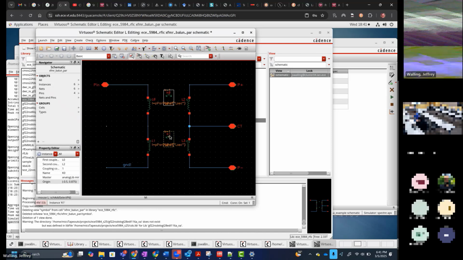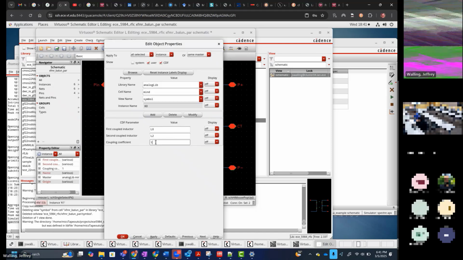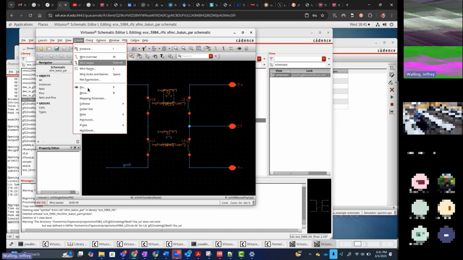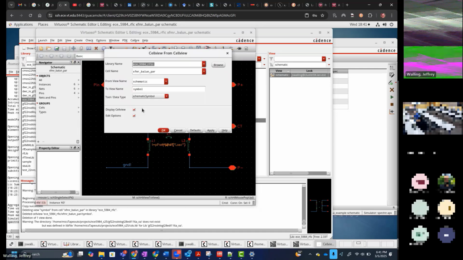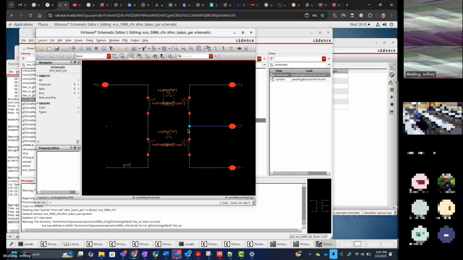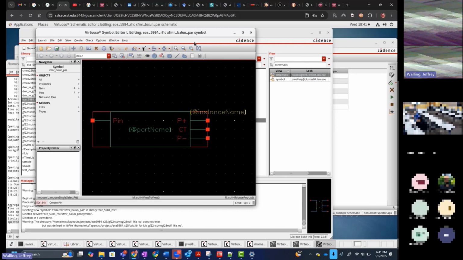And I could even make... all right, so now if I go to save and create cell view from cell view, all right, so it'll make a new cell.